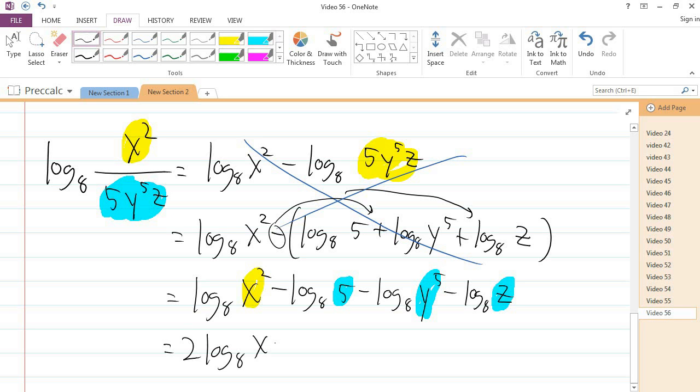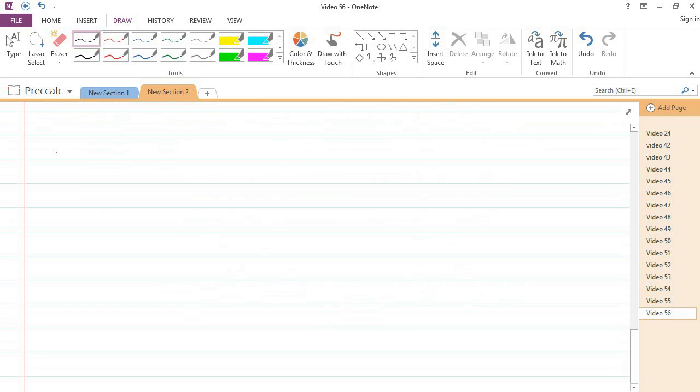So 2 log 8 of x minus log 8 of 5 minus 5 log 8 of y minus log 8 of z. There we go. And our shortcut is, if it's in the numerator, positive log; denominator, negative log. So let's apply that to this example.